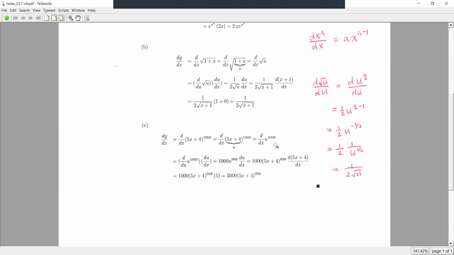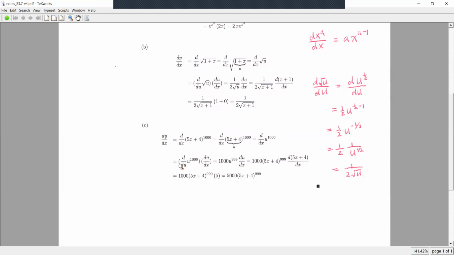To compute this derivative, I want to use this formula. But this formula for the power function requires all the variables to be the same variable. In this derivative, u and x are different variables. So I cannot directly apply this formula to this derivative. To overcome the difficulty, I use the chain rule.